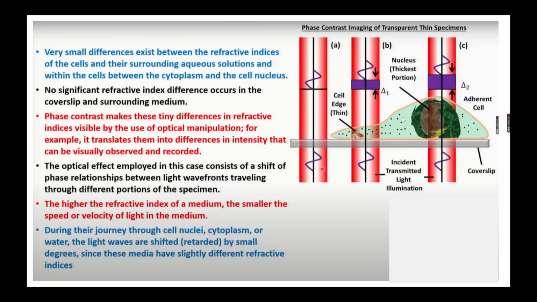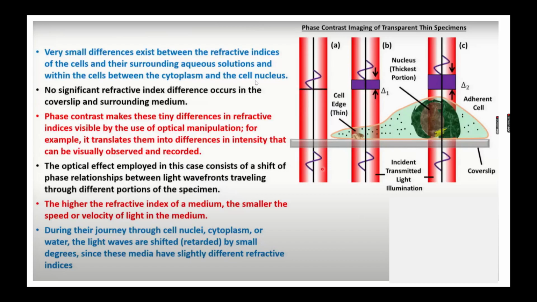So when the light falls, what exactly happens? The nucleus has a different refractive index compared to the surrounding. A very small difference exists between the refractive indices of the cells and their surrounding aqueous solution, and within the cells, between the cytoplasm and the cell nucleus.